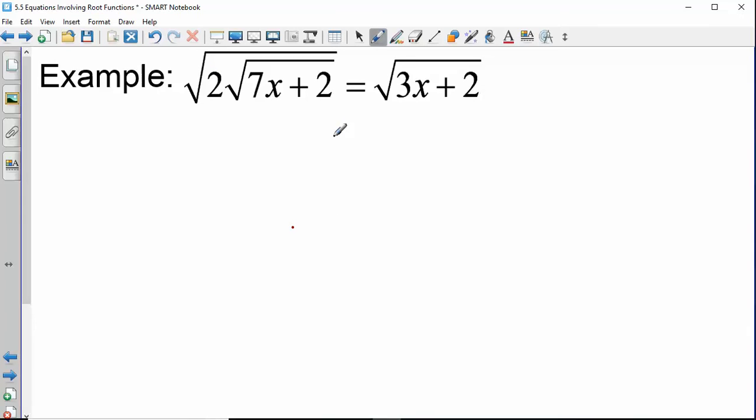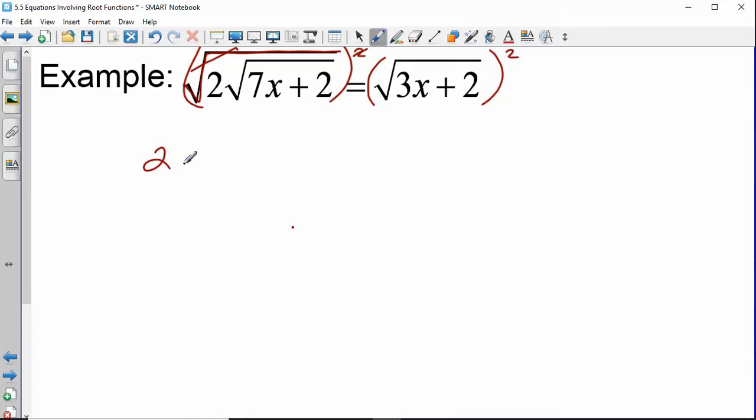So instead, let's start on the outside and work our way in. On the outside, I have this big radical. So how would I cancel that? Square. And you add your square to each side. So on the left, you're starting on the outside, so the square cancels the outside radical.